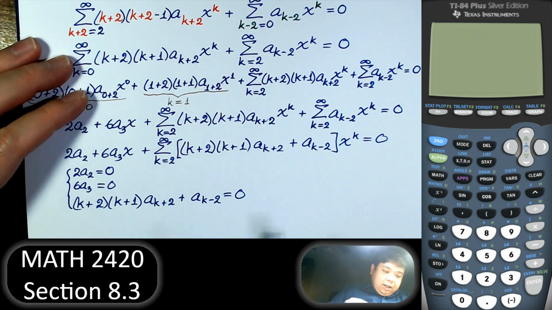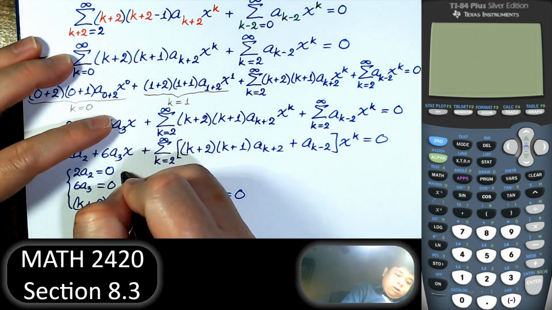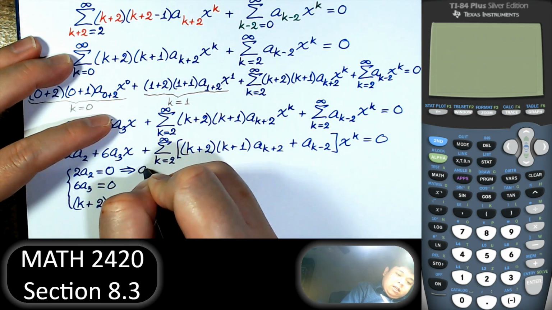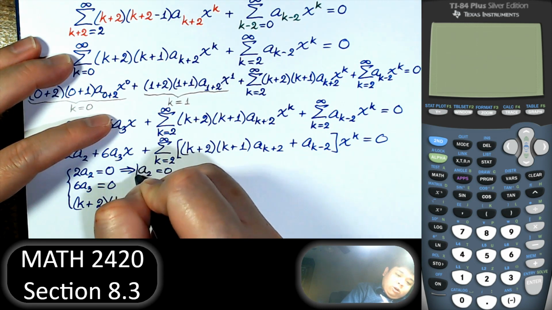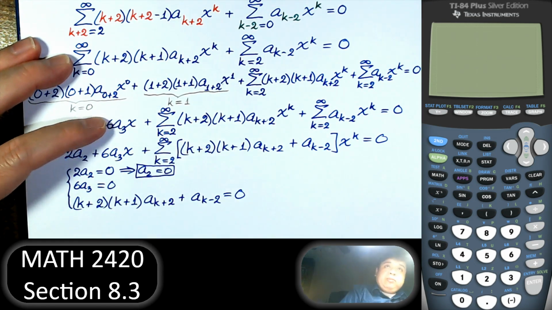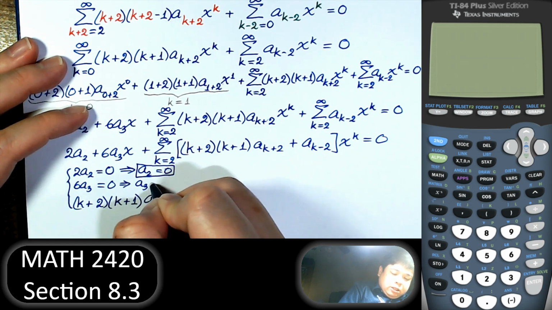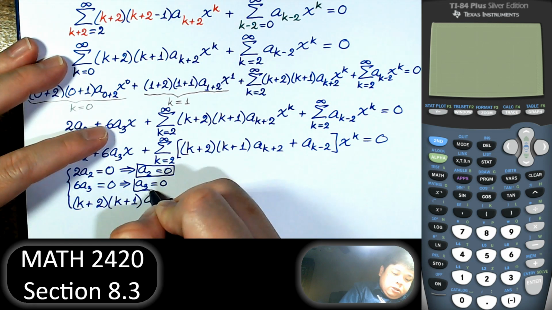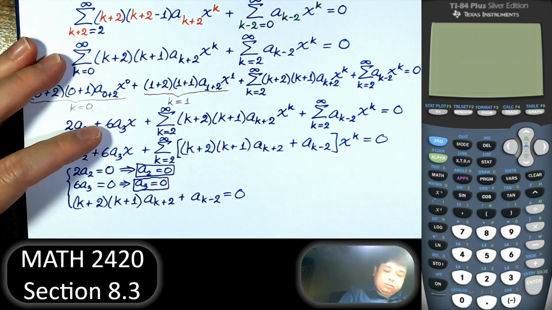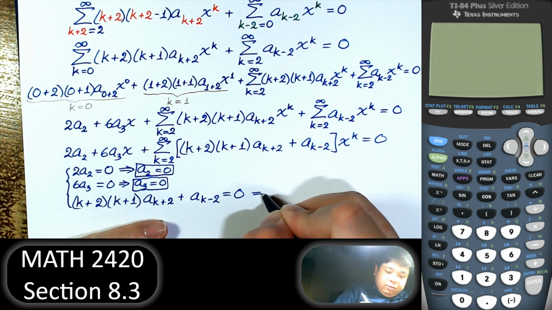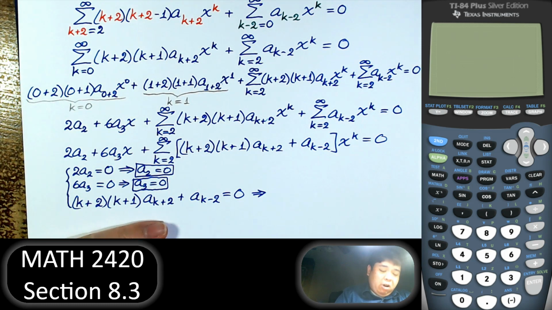Now, next, 2a2 equal to 0, meaning that a2 is equal to 0, so we have one coefficient. 6a3 is 0, so a3 is equal to 0. Now for this one, we have to simplify.